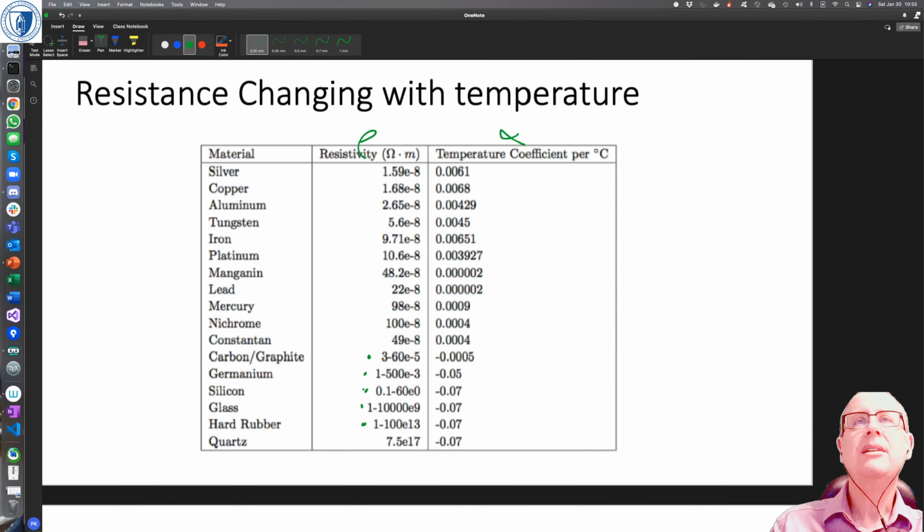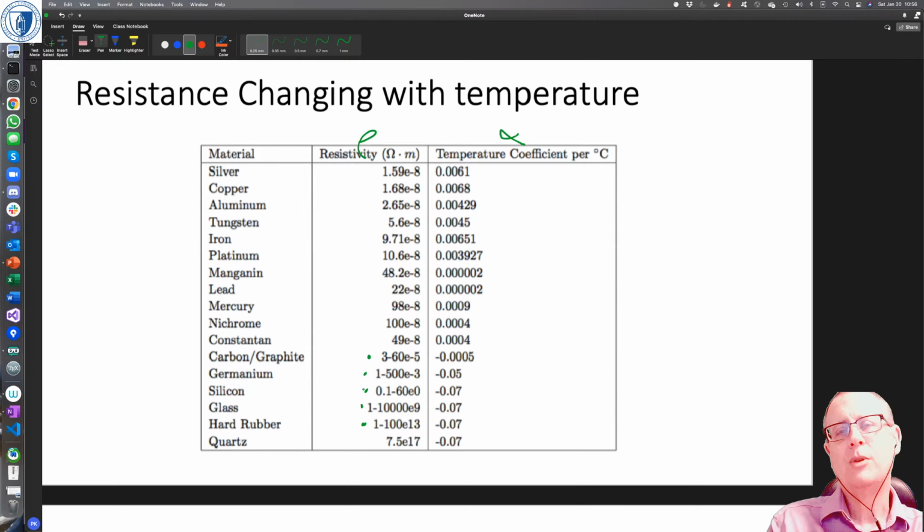When you use the information on this table, particularly if you use one of the materials with a range of values, I don't care that much which end of the range you use, provided you write down what value you use.